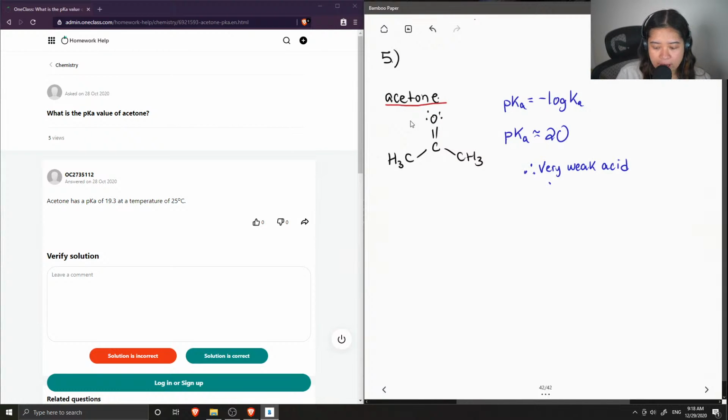Acetone can also act as a Lewis base, since the lone pairs on oxygen can potentially be donated. So Lewis bases are electron pair donors.